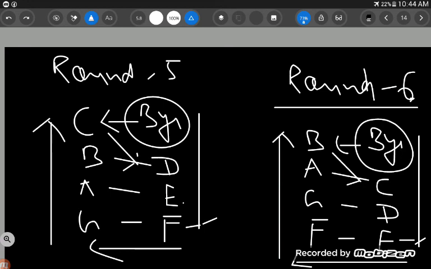And each round, how many matches? 3. Means when you calculate here, how many matches have finished? 6 multiply 3 is equal to 18. So I am going to draw the last round match.